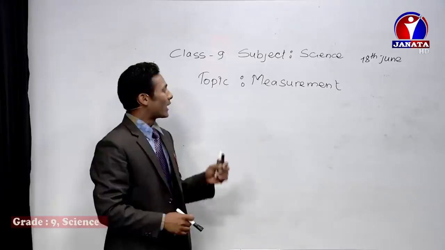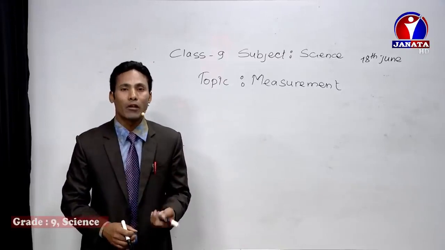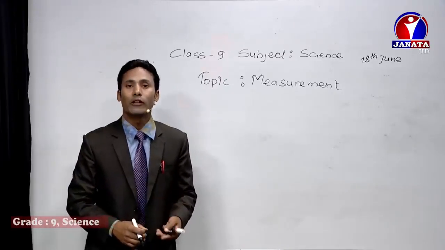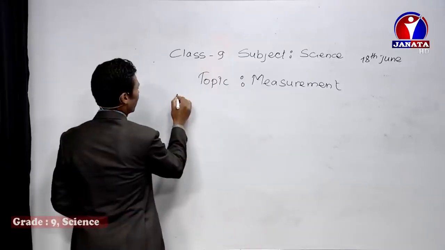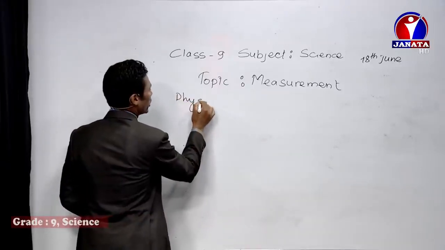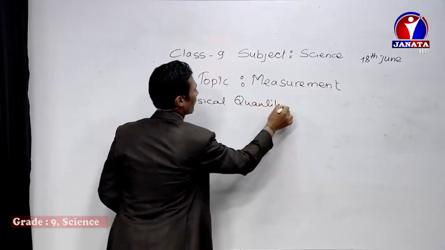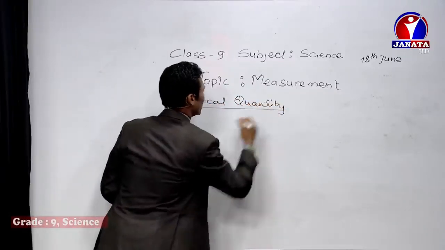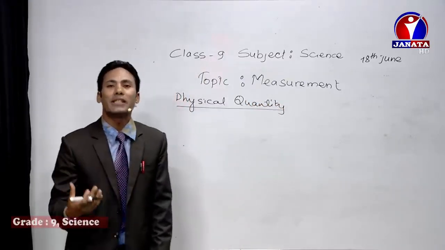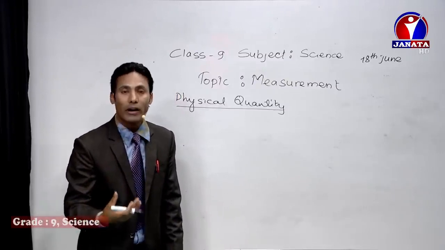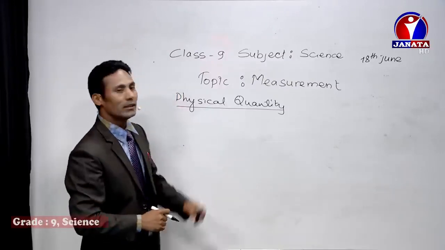That means whatever component we can measure, those quantities are called physical quantities. So what is a physical quantity? It is the quantity which can be measured directly or indirectly.